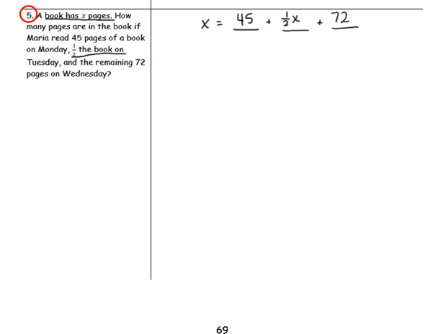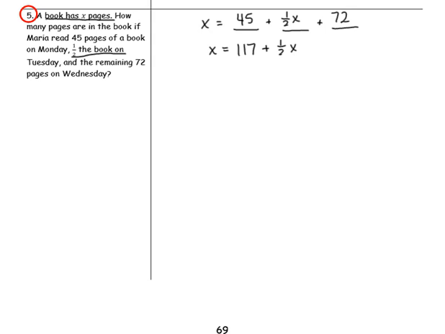That's our equation to determine the number of pages in the book. We'll want to simplify before we solve. Combine your like terms, 45 and 72. That gives us 117 pages, plus 1/2 x equals x.